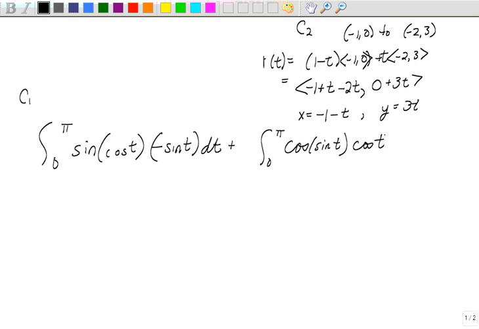cosine t dt. Here I let u be cosine t, so this is du. I change my variables here.